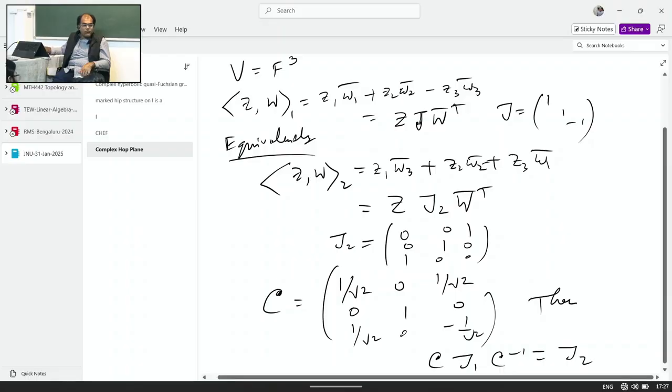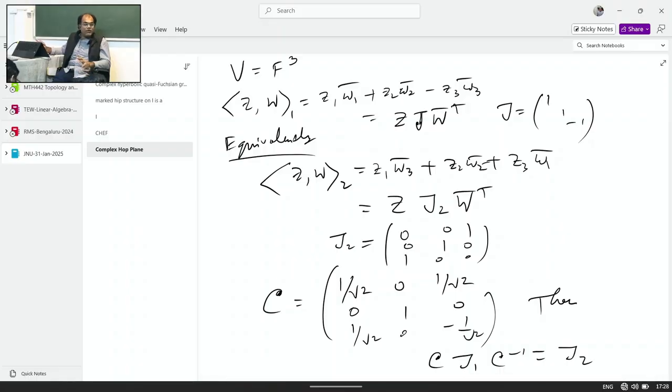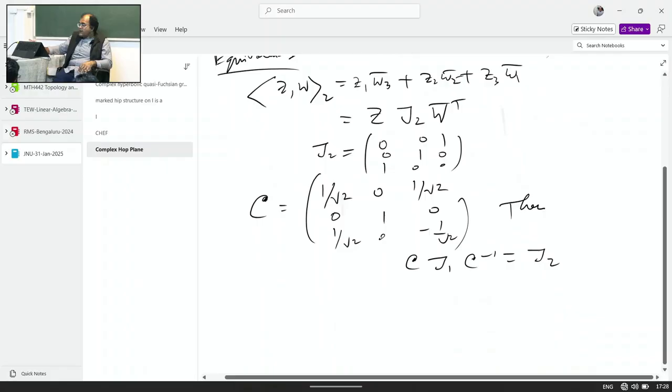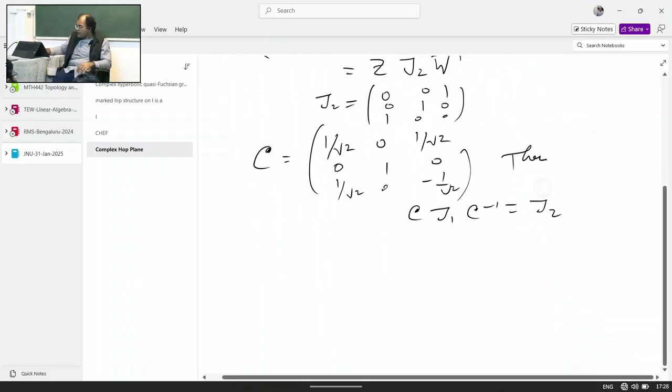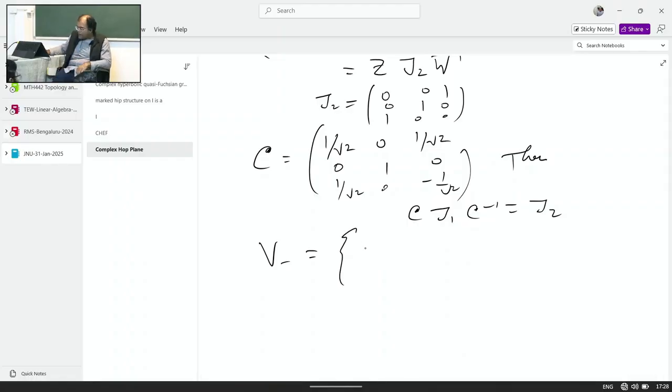That means these two Hermitian forms are equivalent to each other. There are many other Hermitian forms that you can take, but let me quickly define the complex hyperbolic space. Let's talk about the first Hermitian form or the second, whatever. This decomposes the space into three disjoint subsets.